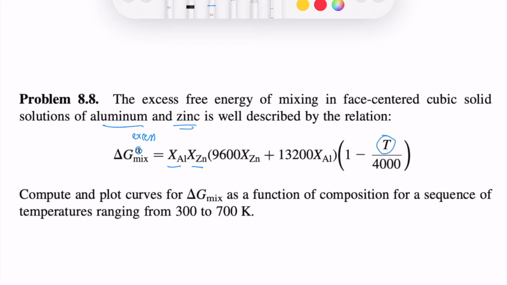Now we have to plot the curves for delta G mix. So this question seems very tough or very confusing at first, but we need to do this very simply. So let's try to do that.